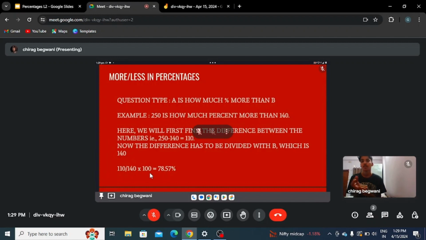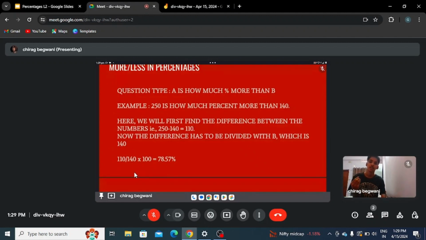Sometimes if there is a very close answer, you may want to do it, but generally it does not go that way. So you may skip this multiplication by 100. I put it here first for your understanding. The option is 78.5.